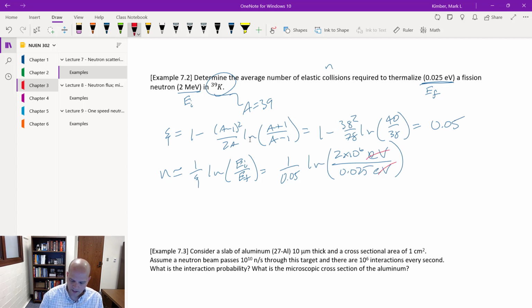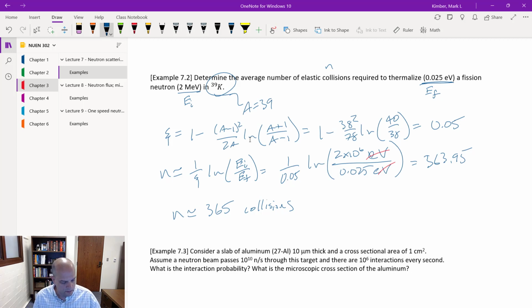So my units cancel out there, and I'm left with 363.95. And so N is going to be about 364 collisions. So if I'm using potassium-39 and I want to thermalize all the way from 2 MeV down to basically 25 milli-eV, then on average it's going to take me 365 collisions.